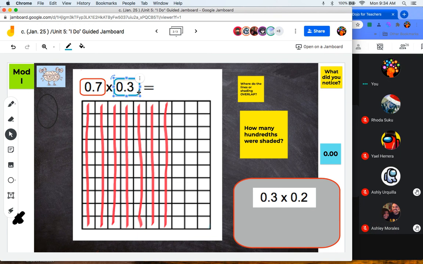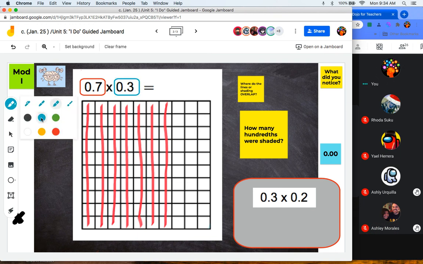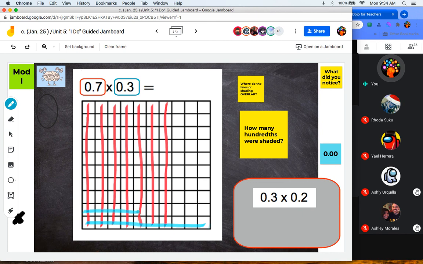Second factor, rows. 1, 2, 3. All right.